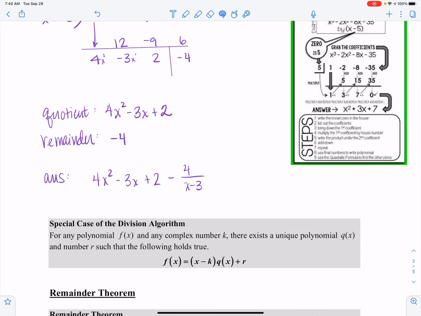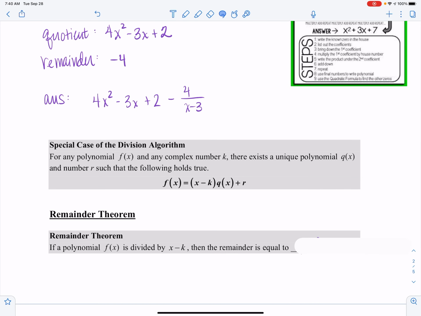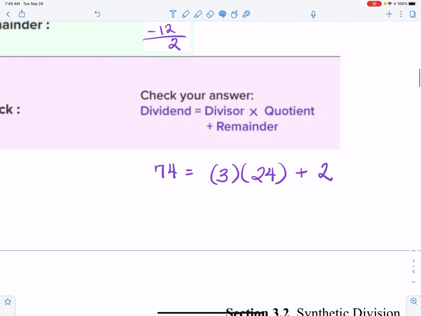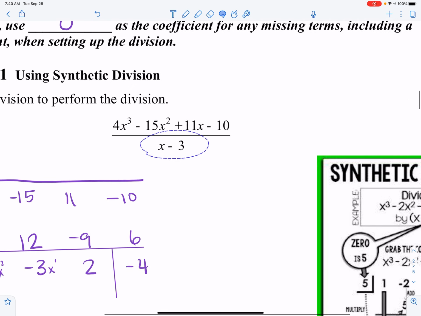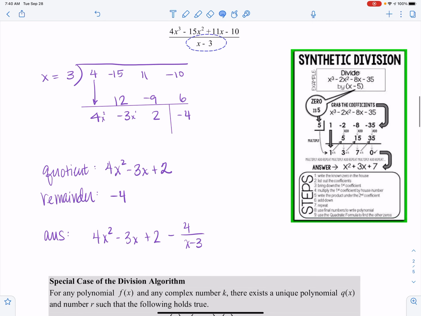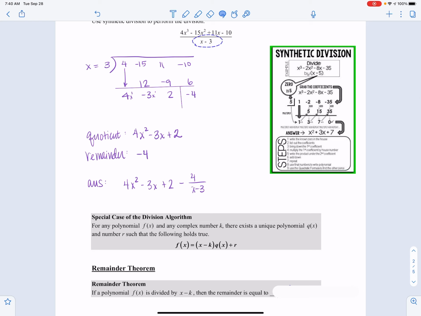One of the things that we can always do is we can always rewrite our polynomials using this same concept back here, the way to check your work, where I have that the dividend is equal to the divisor times the quotient plus the remainder. I can always do that as well. So in this particular case, I would have, let me zoom out a little bit so I can see it, 4x cubed minus 15x squared plus 11x minus 10.